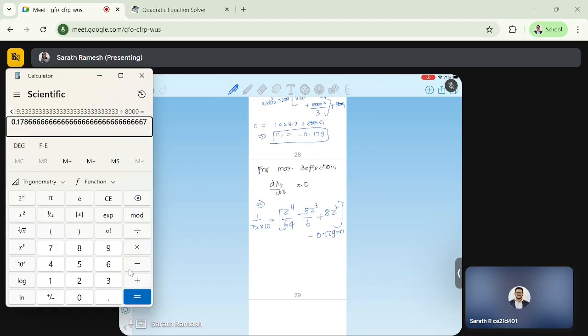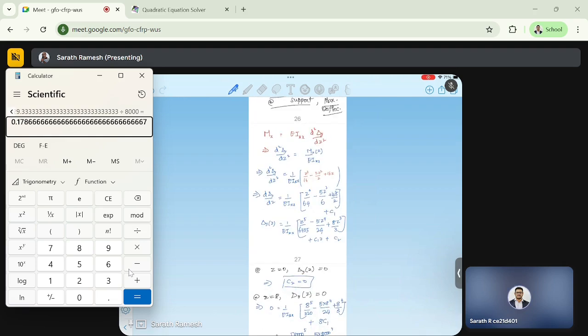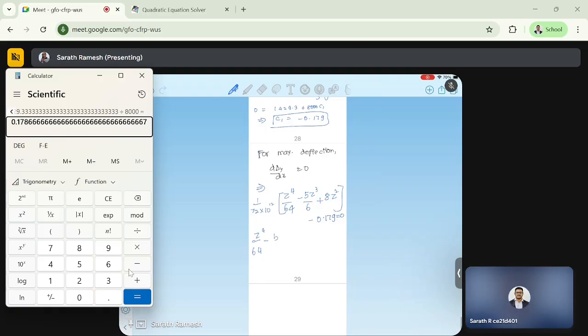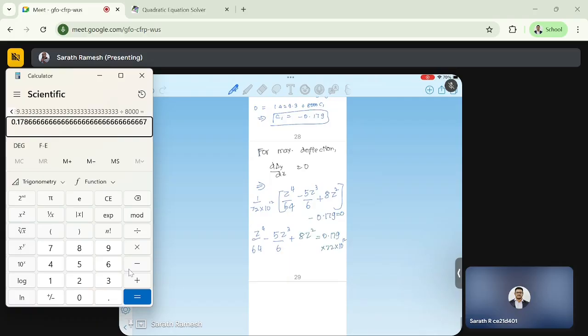Okay. Right. So how to solve this equation? Looks like numbers are not right. Let's do 5Z cube by 6, 8Z square equal to 0.179 into 72 into 10 power 12.